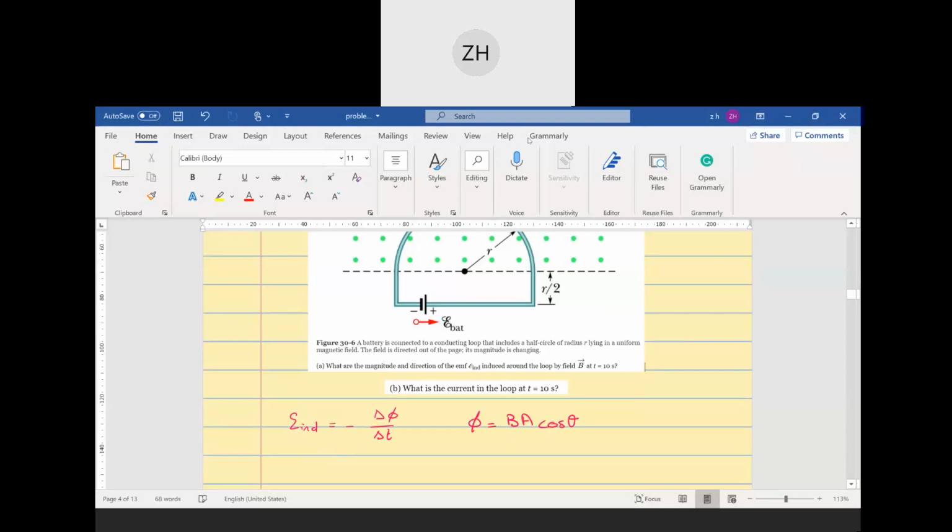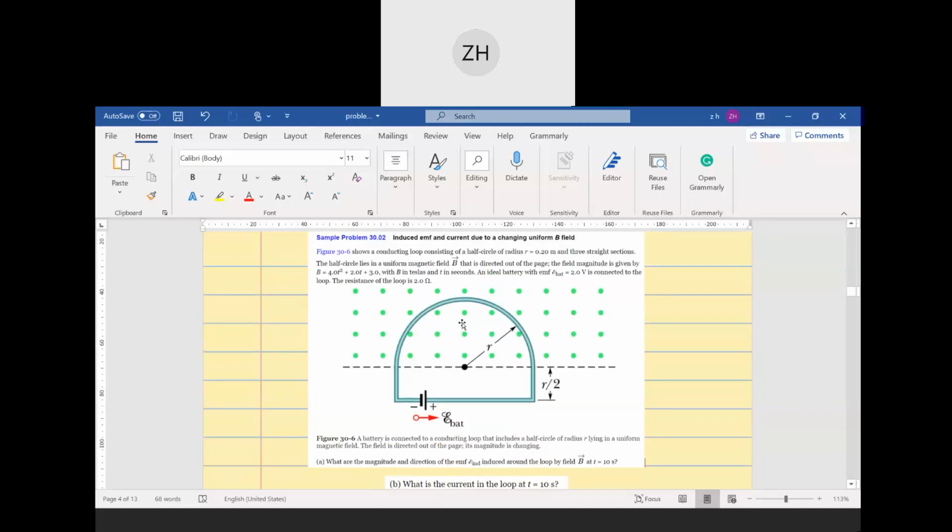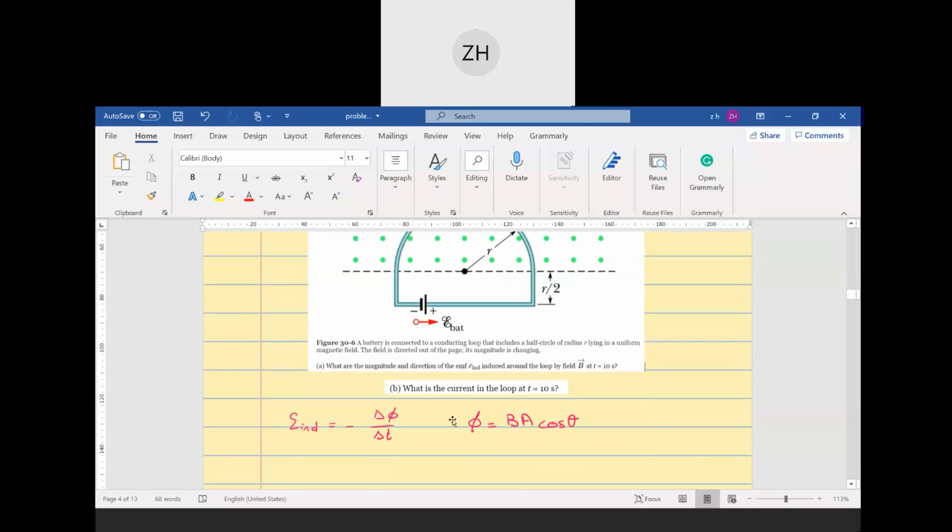We can see here that the magnetic field is pointed out of the page, and so is the normal to the area of the loop. So the angle between them is 0, and cosine 0 is 1.